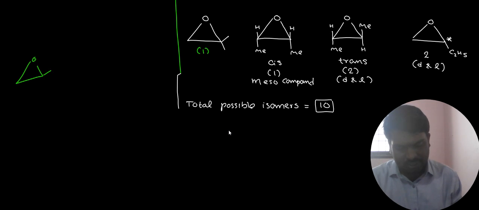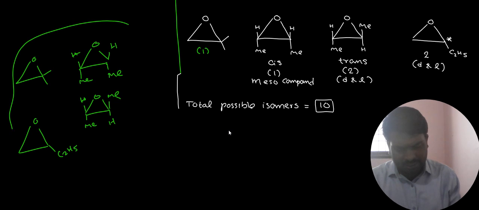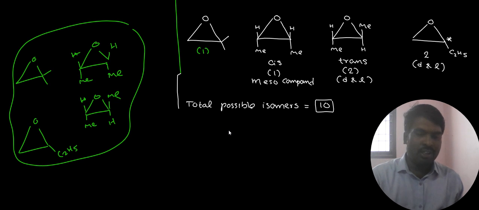This is one structure, and this is one structure with two methyl groups on the same side, meaning cis, and we can write trans. This is one compound, and another compound with ethyl. So how many exist here? Four compounds exist.